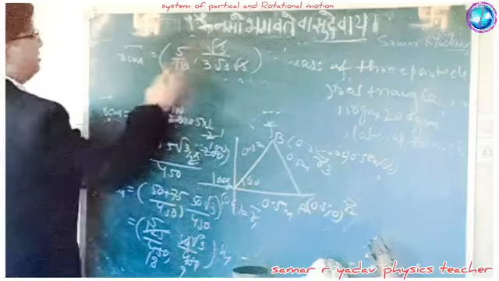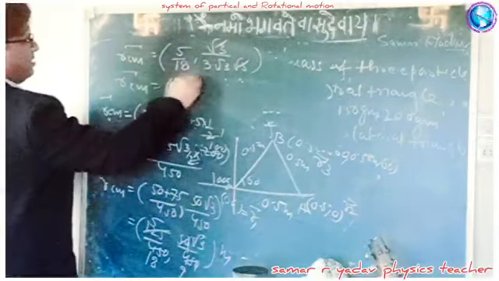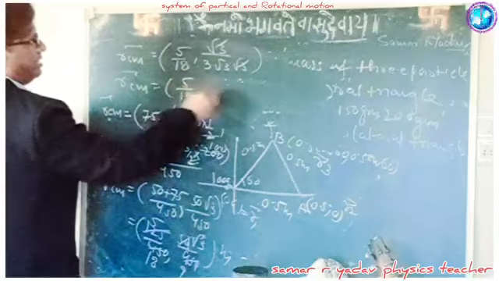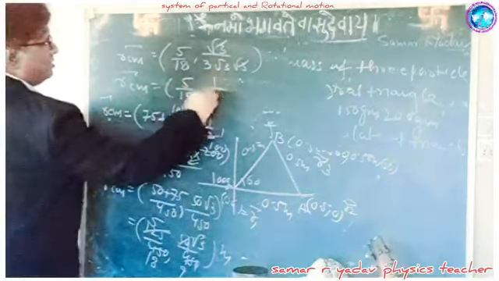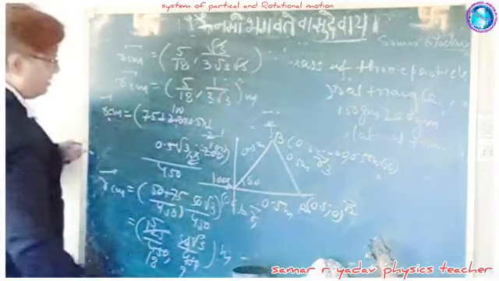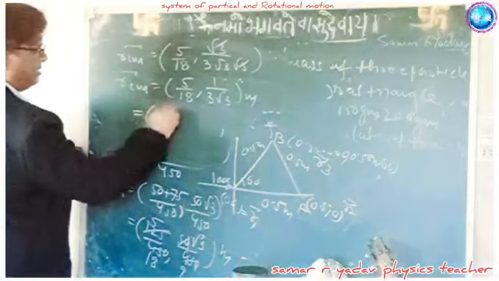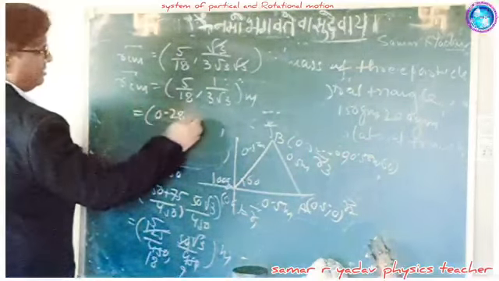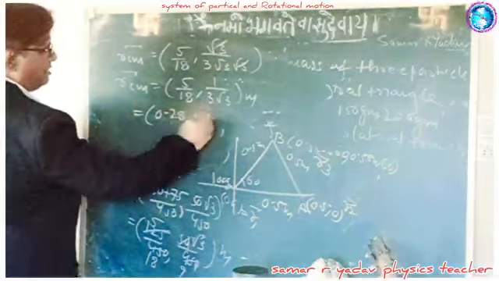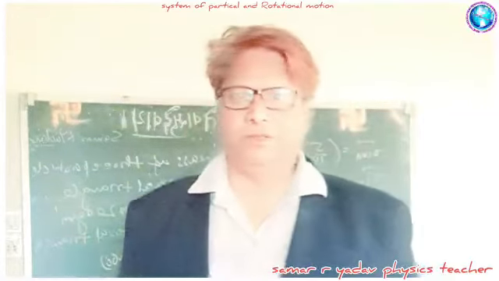So root 3 will be cancelled, therefore R_CM is equal to 5 upon 18 and 1 upon 3 root 3 meter. Now again we simplify, that is equal to 0.28 and 0.19 meter. So this is the way to solve this numerical.